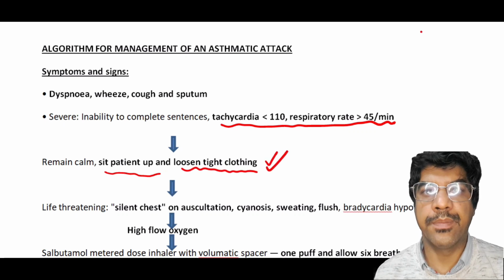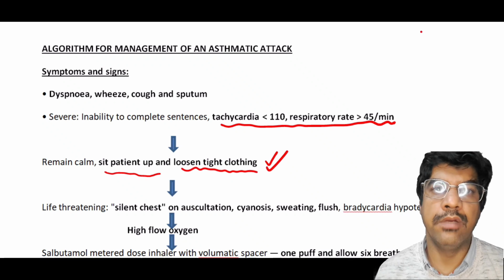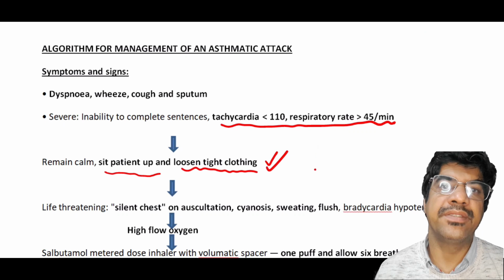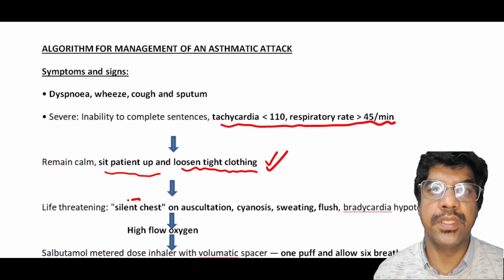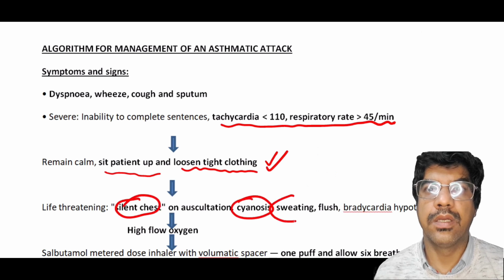Evaluate the severity of the attack and identify life-threatening signs like silent chest on auscultation, cyanosis, sweating, bradycardia, hypotension.